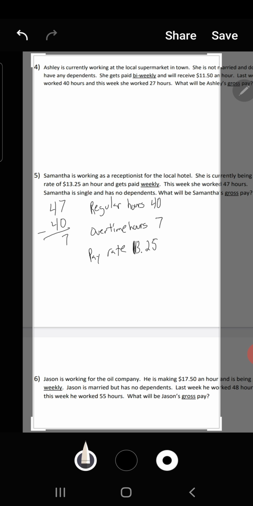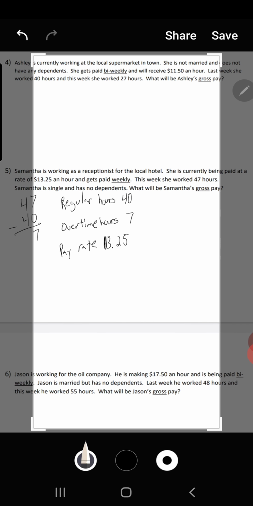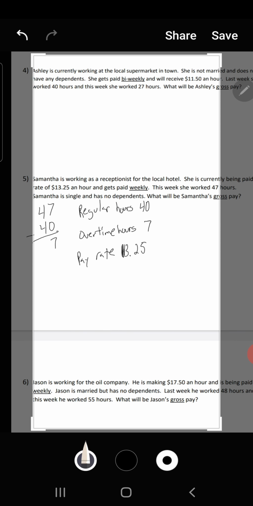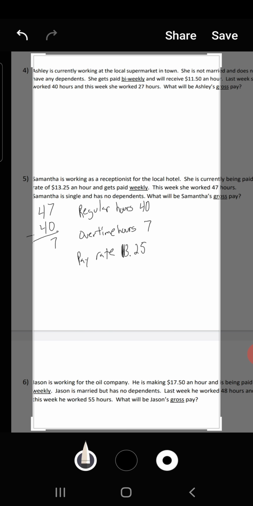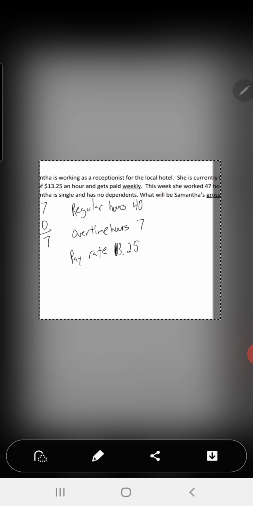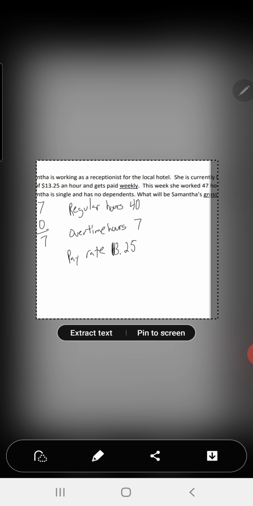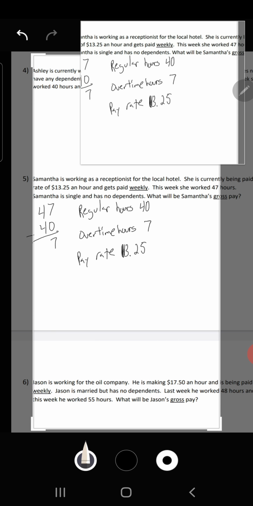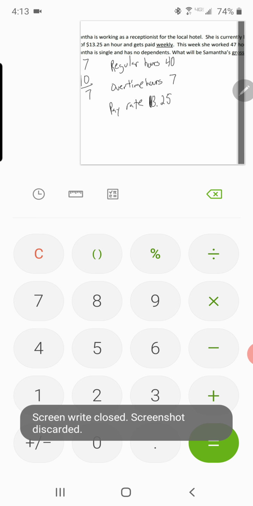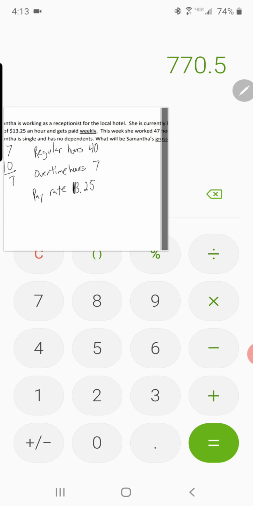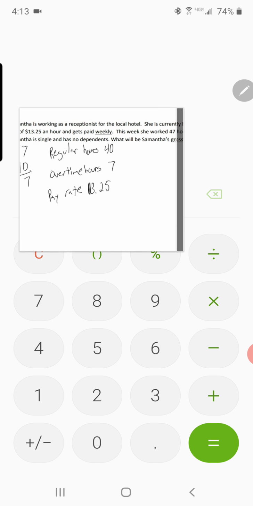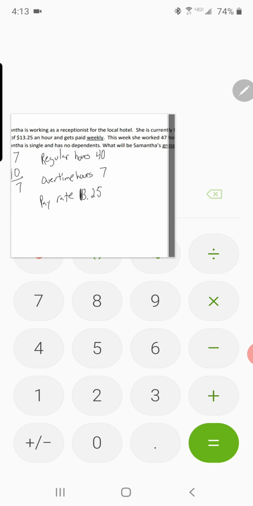All right, I'm taking that because I have to do some math here. Really still not too difficult. We're just going to have to add up a little bit more. So I'm going to take this over to the calculator. The reason why I'm doing this is because, once again, your overtime hours, the pay rate's a little bit different.